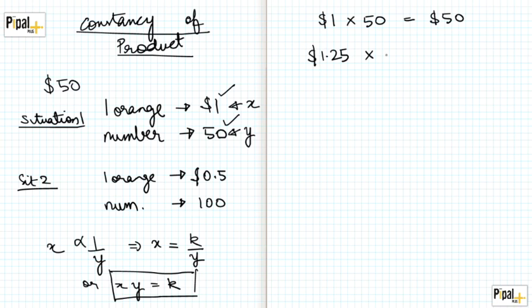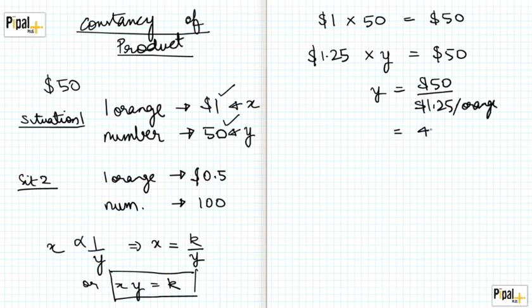Then what is the new y? Clearly the new y is $50, because that's all I'll spend, divided by $1.25 per orange, so I get 40 oranges.